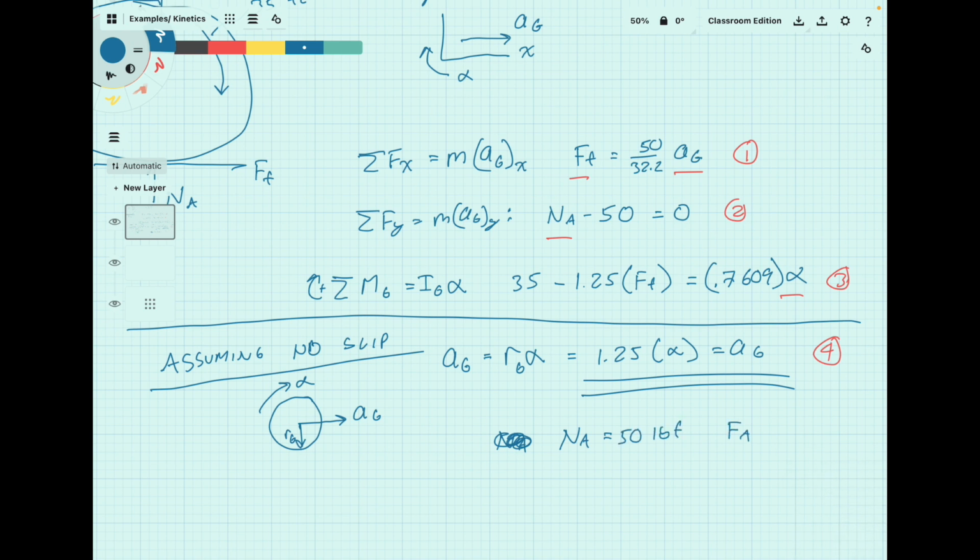The force of friction, FF, is equal to 21.3 pounds. Alpha is equal to 11 radians per second squared, and then AG is equal to 13.7 feet per second squared.